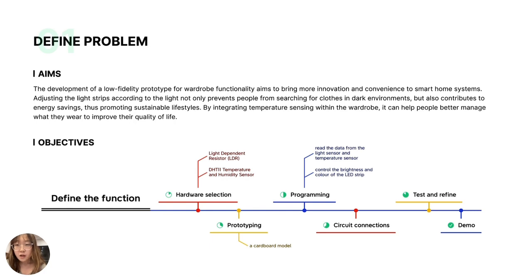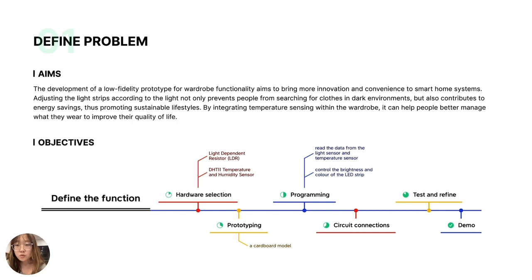In defining the scope of the problem, my goal was to develop a prototype for a wardrobe function that adjusts the light strip according to the light, preventing people from searching for clothes in dark environments and promoting a sustainable lifestyle. By integrating temperature sensing in the wardrobe, it can help people better manage what they wear and thus improve their quality of life.